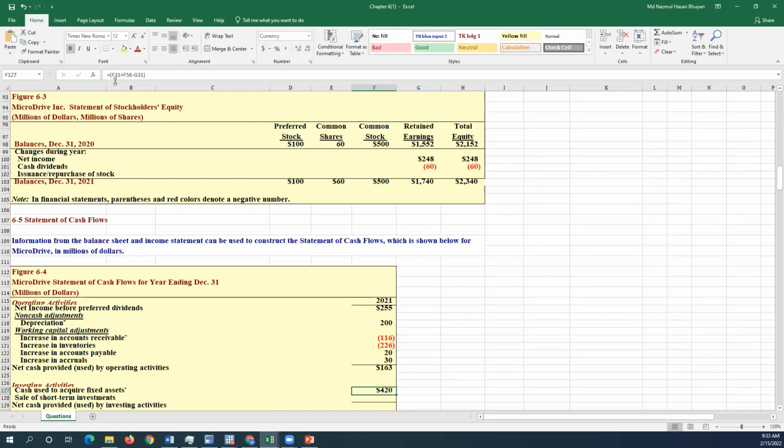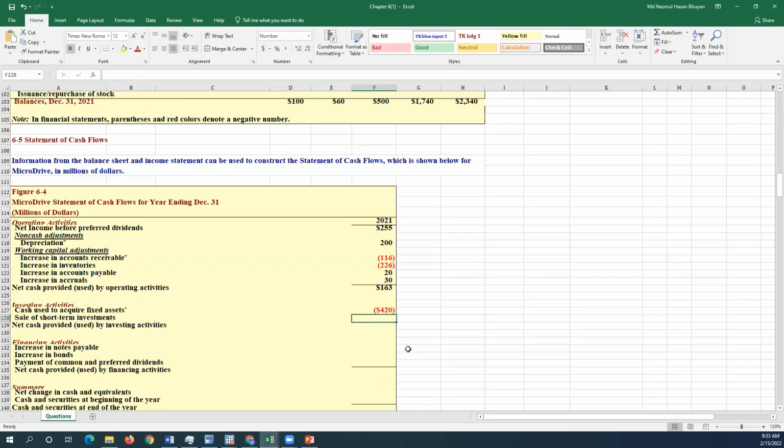Now you can see here our investment for fixed assets during this year is 420. Because it is our investment, we are going to put a negative sign here to reflect cash outflows.